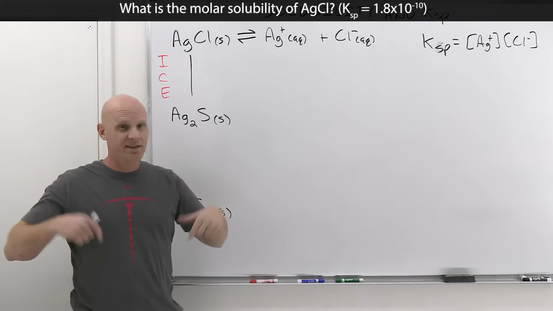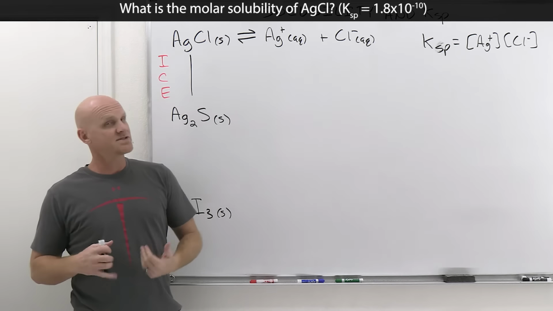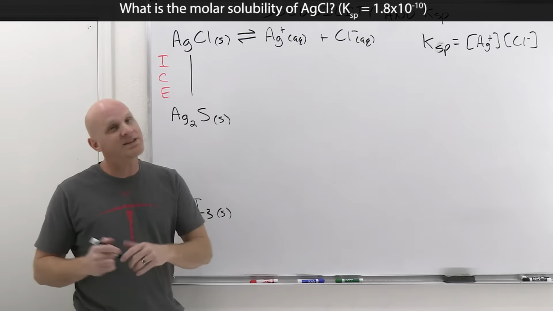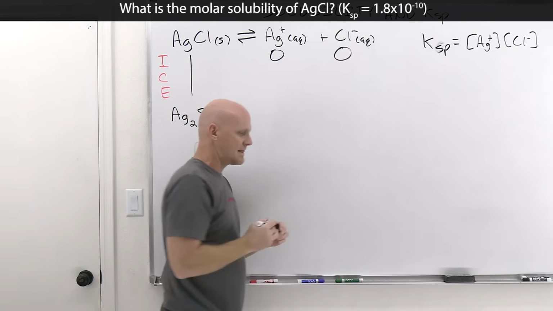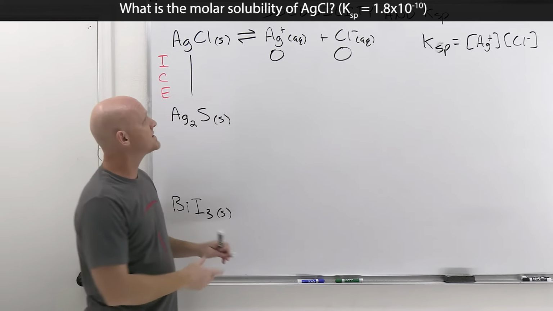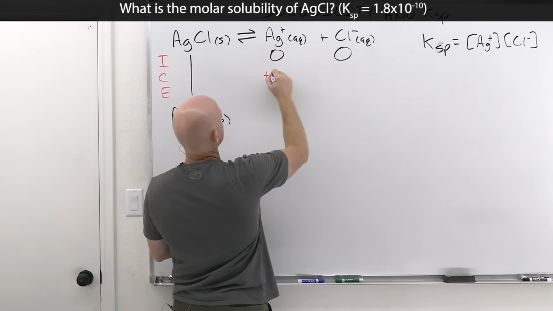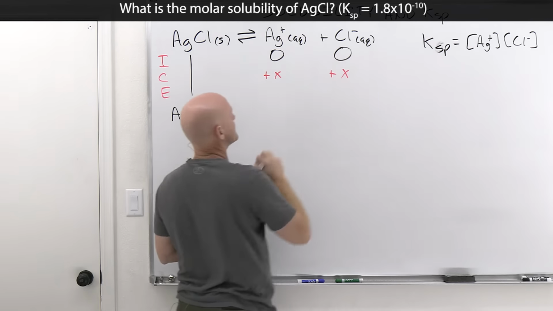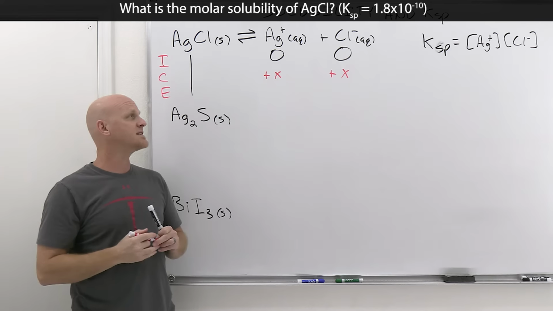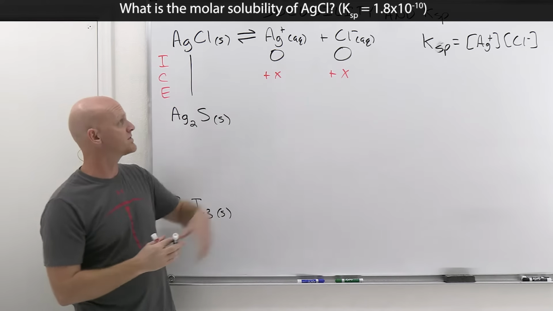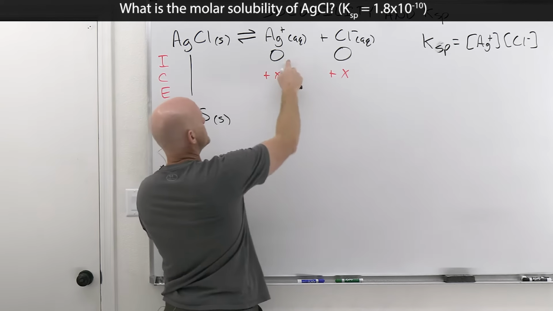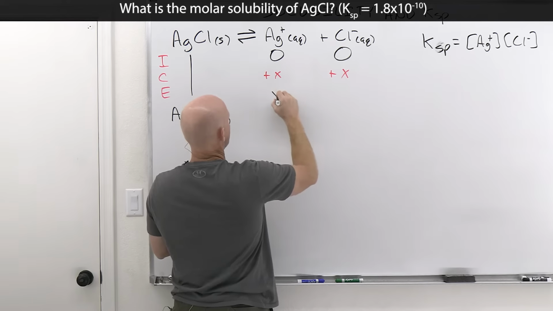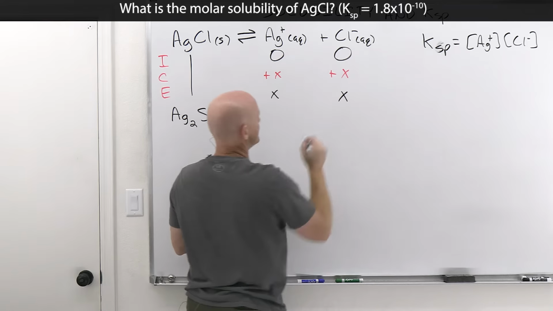Well, if you live where I live, in Tempe, Arizona, there might be some. But hopefully if it's really pure water, these are supposed to be zeros initially. Then as they dissociate, you're going to get a change of plus x and plus x. We typically write changes in these ICE tables in terms of x, and with coefficients of 1, it's just 1x and 1x. Then at equilibrium, 0 plus x is x, and 0 plus x is x.